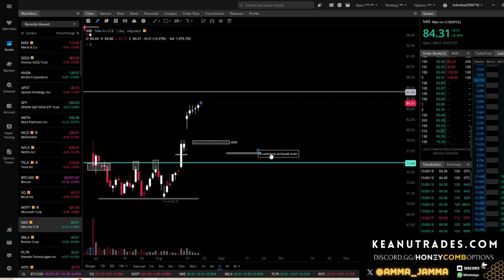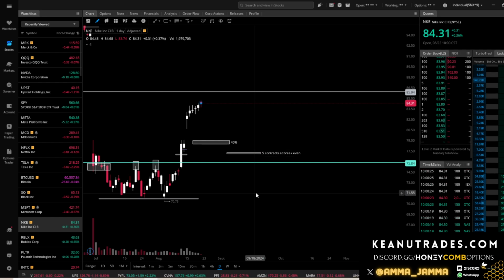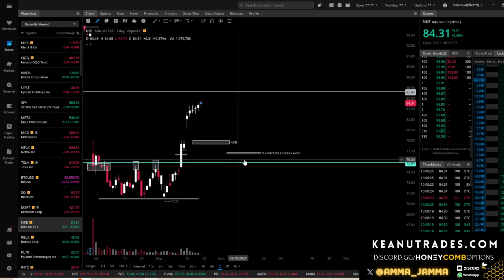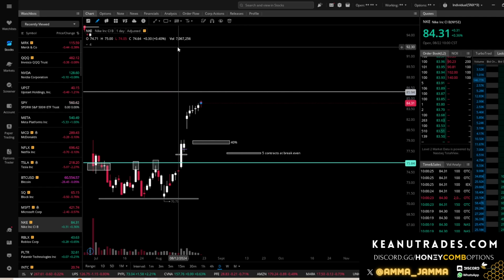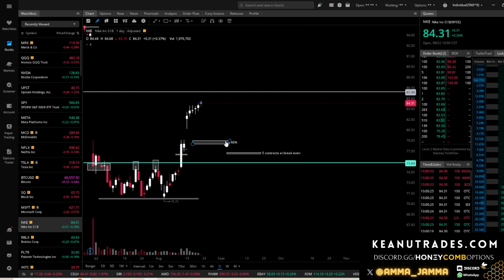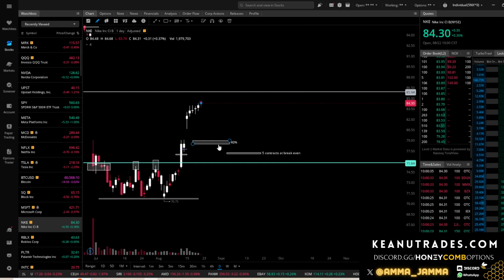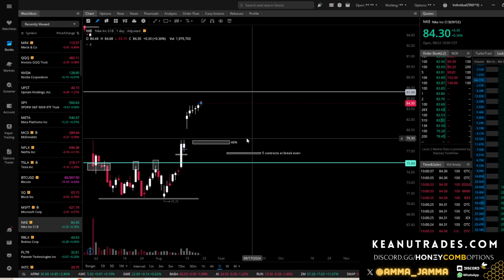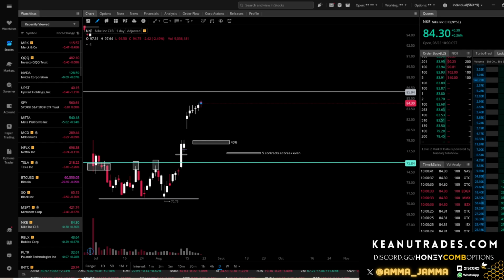There's 2 different rules of thought to this, and this is why it should never be about a break even. It should be about what the chart's telling you. Because technically right here at these 5 contracts that break even, I'm still overall green on the trade. I took half my contracts at 40%. If I bought them for $100 each, and I bought 10, and I sold half at 40%, which is $40 per contract, so I was up $200.